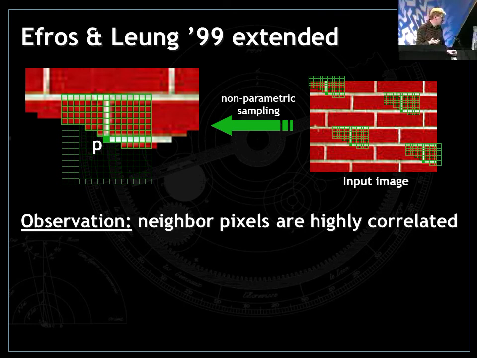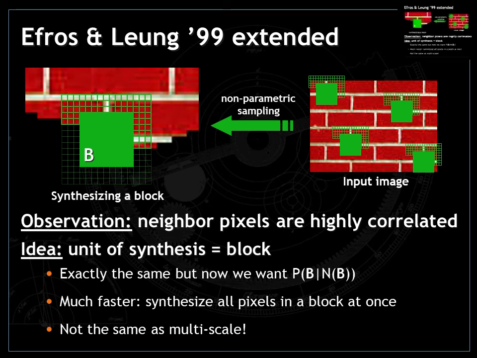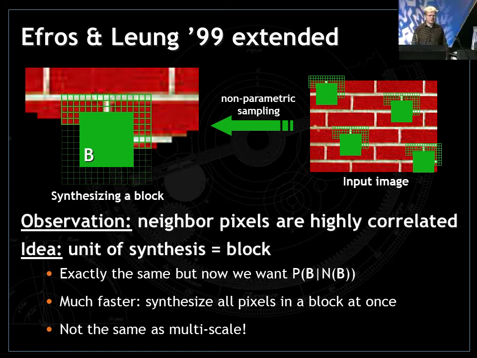So the idea is, forget pixels. Let's go to blocks. Exactly the same idea, but with blocks. Compute the probability of a block given the neighborhood of that block. And of course, it's faster because you synthesize all these pixels within a block all at once. Note that this is not multi-scale, because the input image is still the original high-resolution input image, not a blurred, scaled version of it.